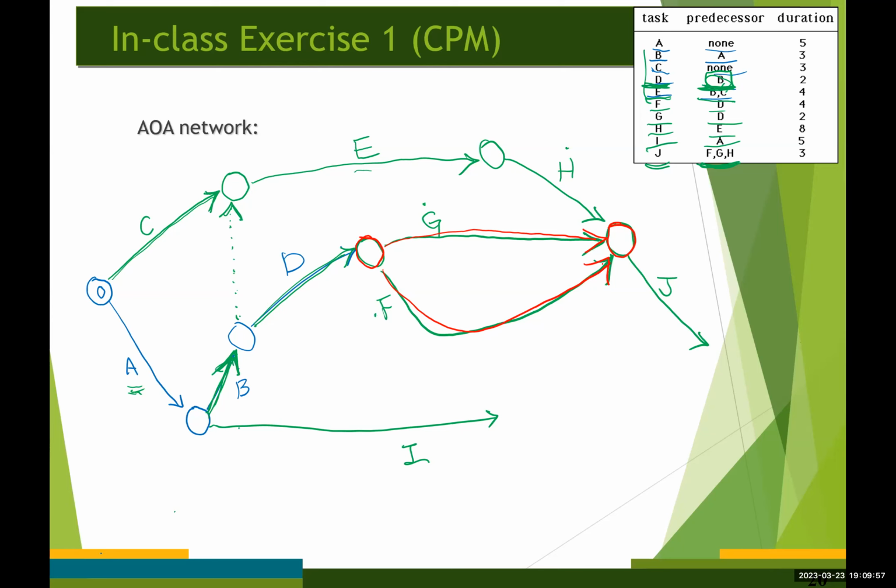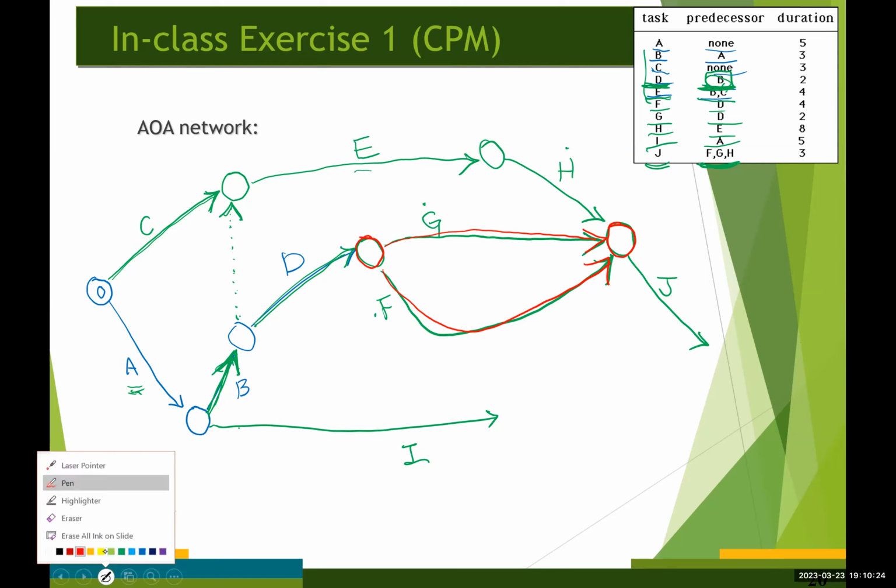Because according to the construction rule, I believe rule number 3, two nodes can be connected by at most one arc. So this network diagram violates rule number 3. In this case, we also need to introduce another dummy activity.